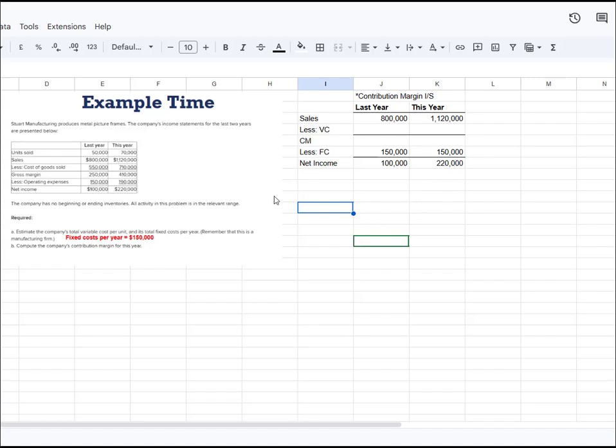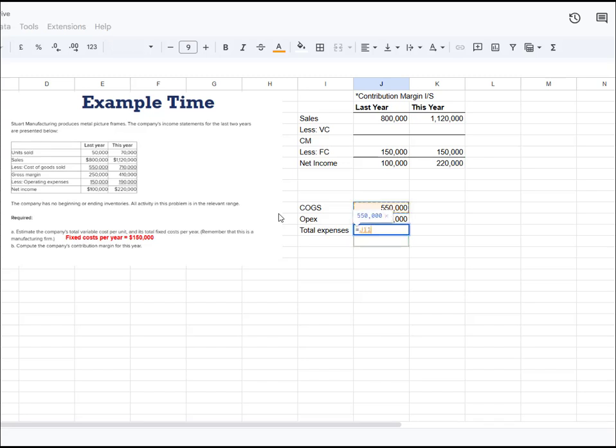Well, I can do a couple different ways. I'm going to look at last year, and I'm going to look at my cost of goods sold, and I'm going to look at my OPEX, my operating expenses. And so I know that I had 550, grabbing that from the traditional income statement, and I have my operating expenses of 150,000.